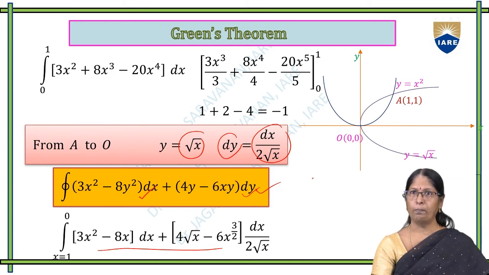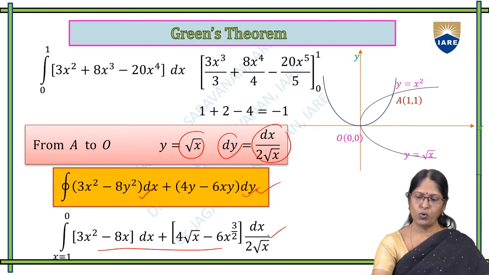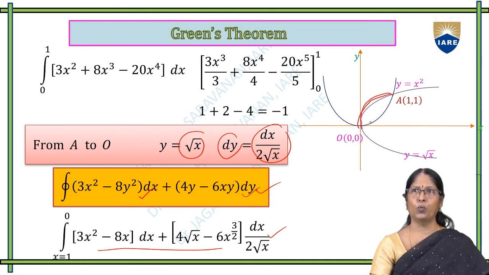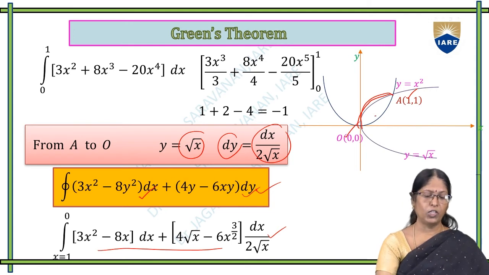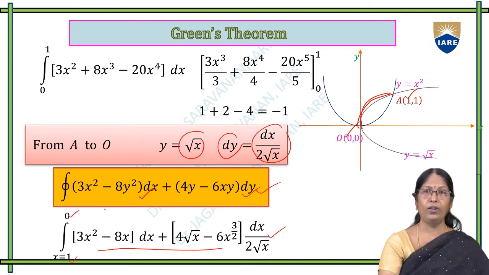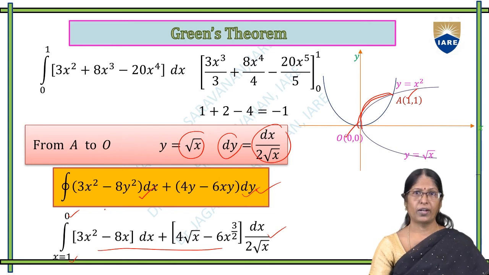But with the help of this curve, we made it one direction. That is, we are now focusing from A to O, so the limits are from 1 to 0. We have to be very careful at this point. The reason is we are moving from A to O.